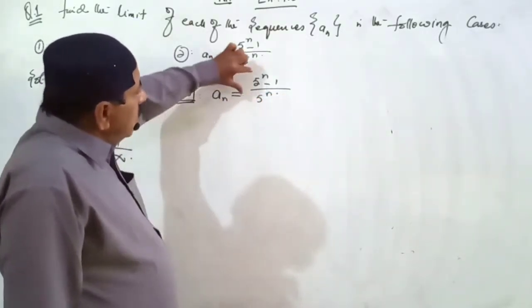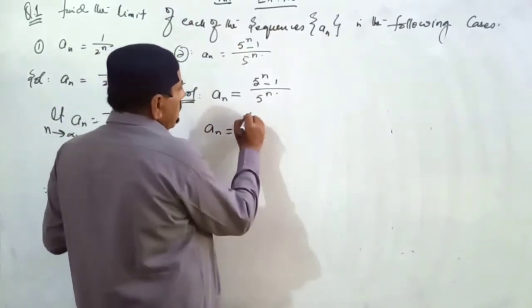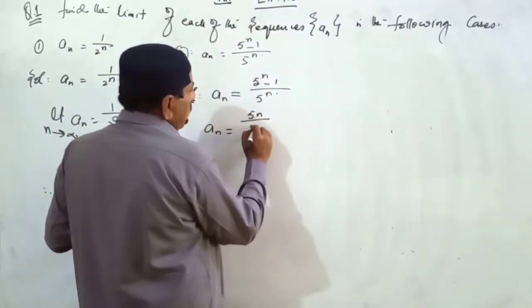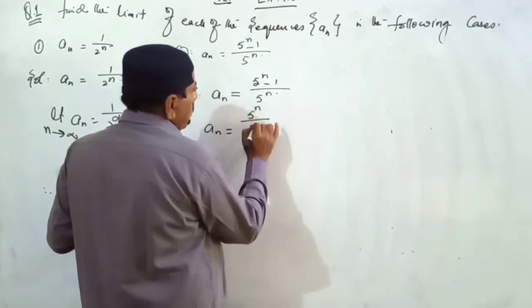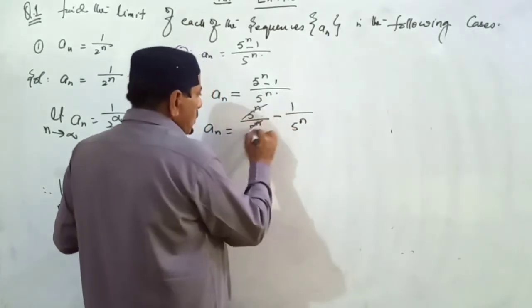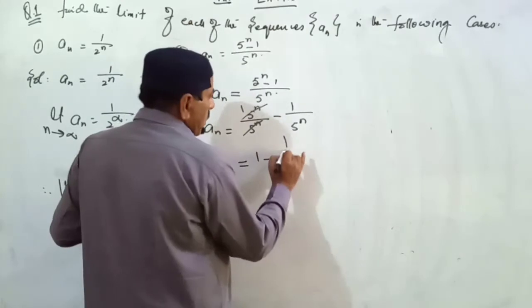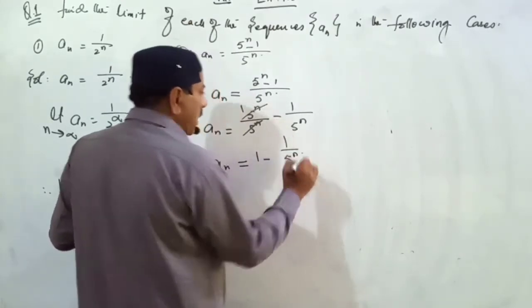Also, you can write this as 5 power n upon 5 power n minus 1 upon 5 power n. So, this cancels and the result is 1 minus 1 upon 5 power n.